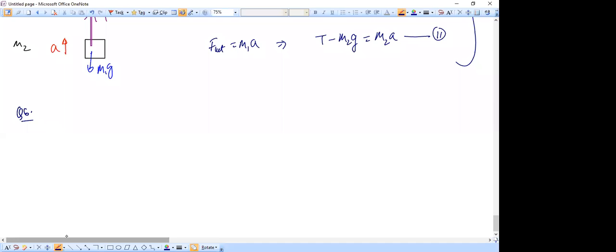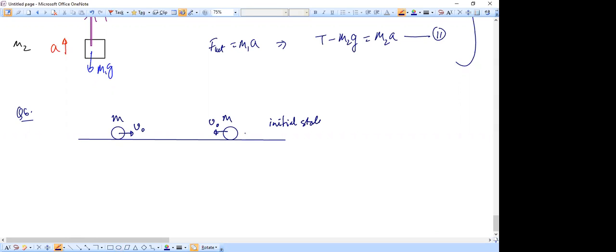So in question 6, we're having two identical masses which are coming towards each other with identical speeds. So this is the initial state of the system.